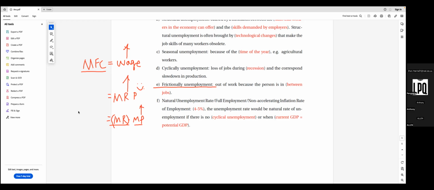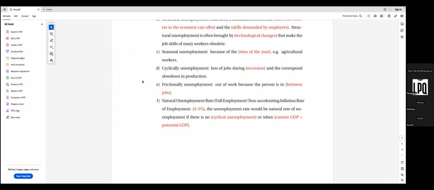So due to this reason, the goal of a government regarding the unemployment rate is never 0%. We want to lower the unemployment rate, but we don't necessarily need to lower it down to 0%. We don't need to do that.